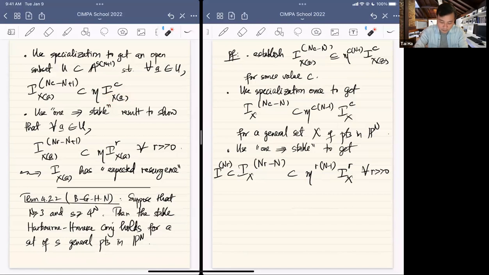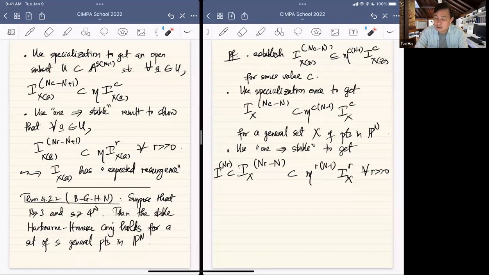And so if you can prove that there's an open dense subset in the parameter space so that some statement is true for this A inside that open dense subset, that means you are proving the statement for a general set of points.